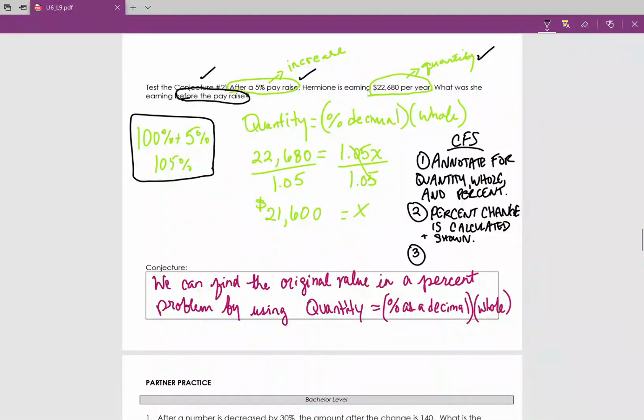And lastly, it says percent equation is written and values are substituted. Percent equation is written and substituted. Looks like we did that. And that's how you find the original value in a percent problem.